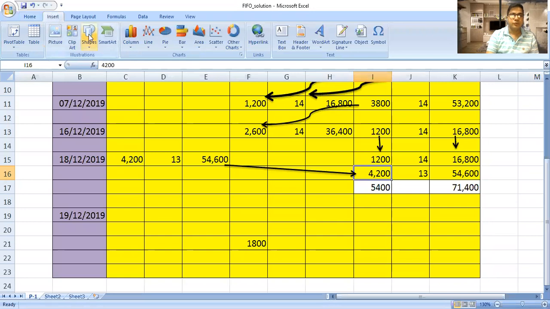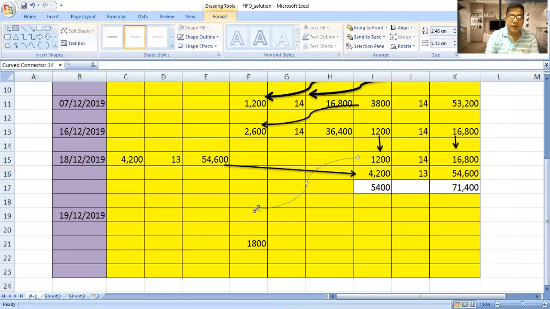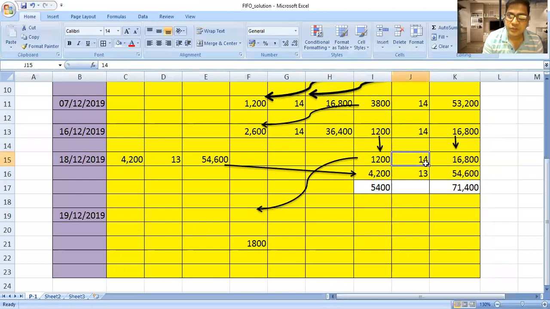Therefore, we have to use these 1,200 units first for sale purpose. We want to sell our units. Which units do we have to consider first? The 14 rupees rate units, because they were purchased first.